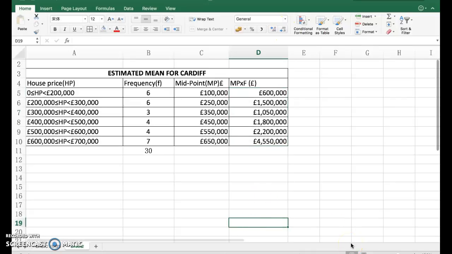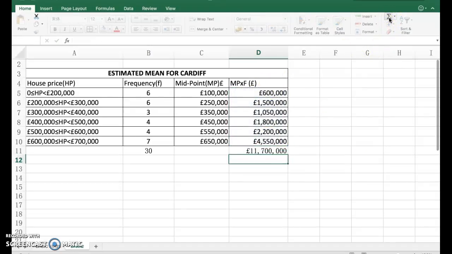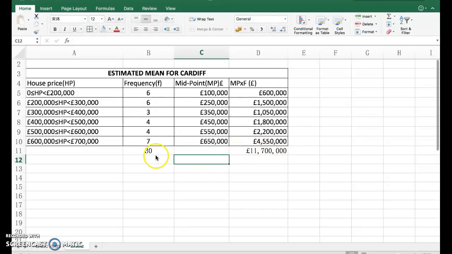Now what we need to do is work out all this added up divided by the frequency total. So adding all these up here, we've got this big total, and then we've got that divided by that to give us the estimated mean.